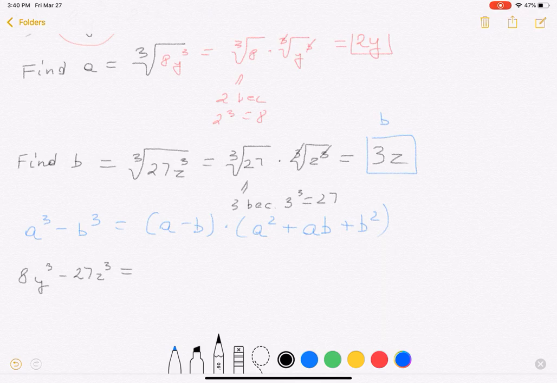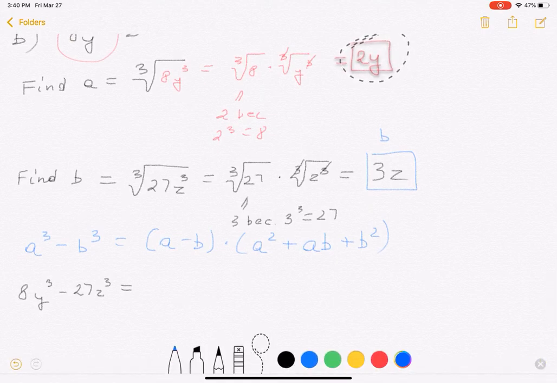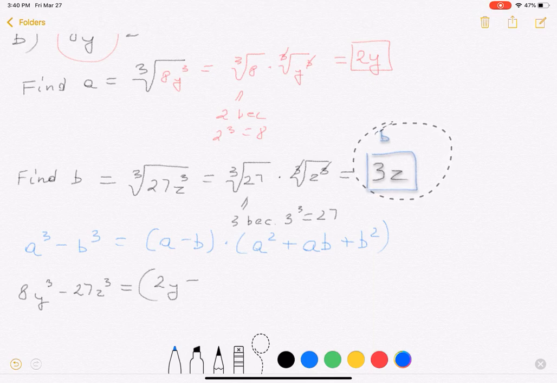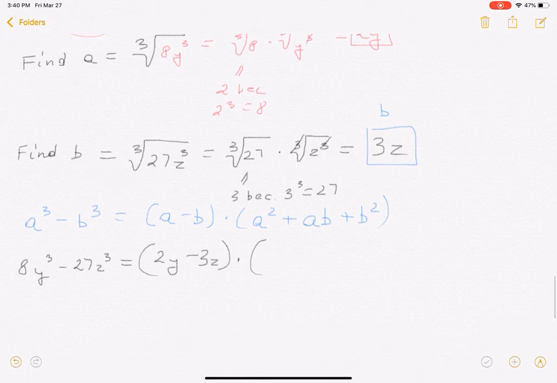So we find a, it's 2y, so I'm plugging in 2y minus b, we find b, that's just 3z, times a square, so let's find that a square.